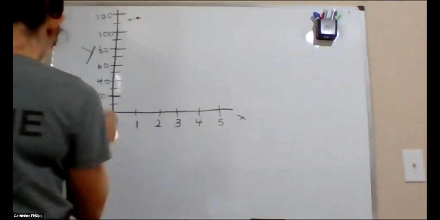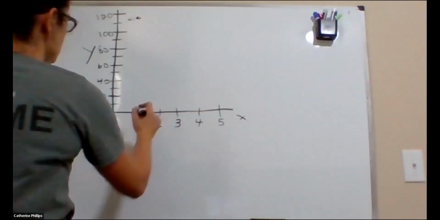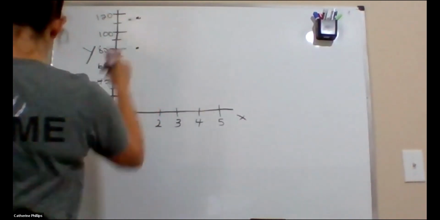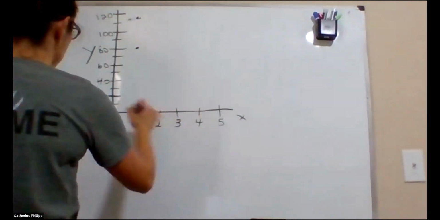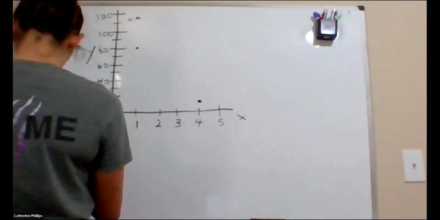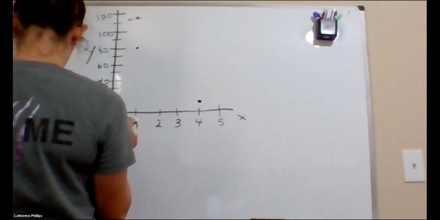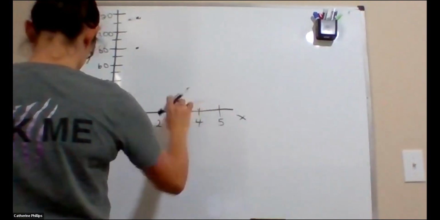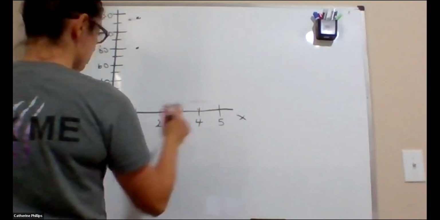Over a little bit. 1, 78. 4, 16. 3, no, I'm messing that up already. It's 4, 53.